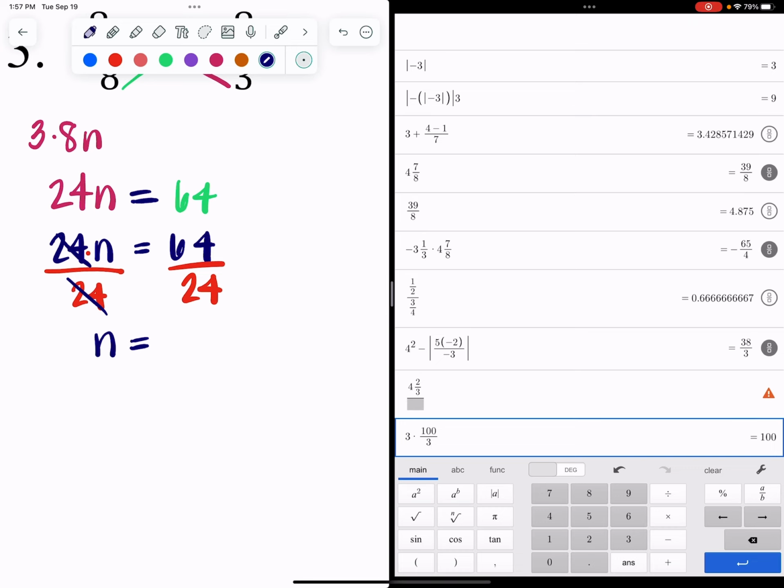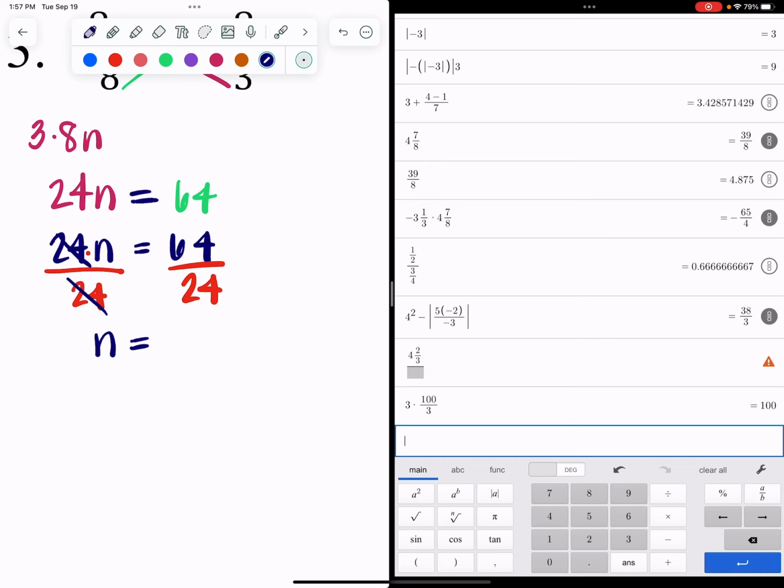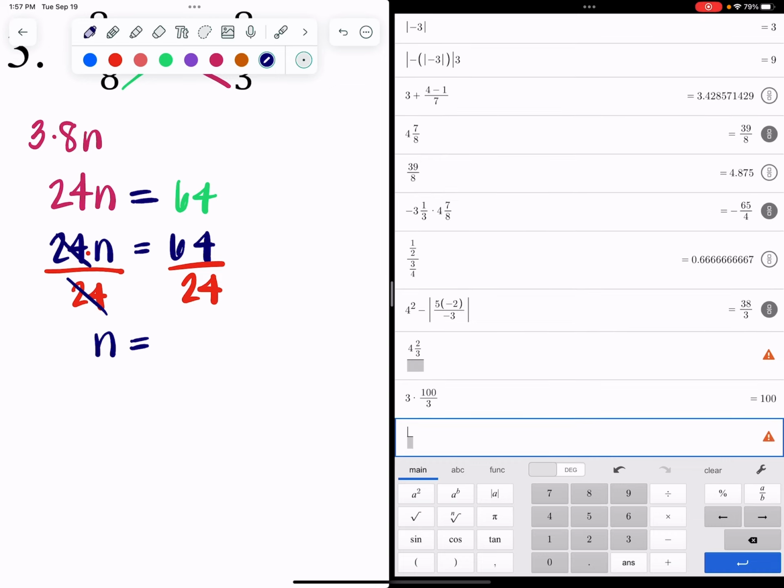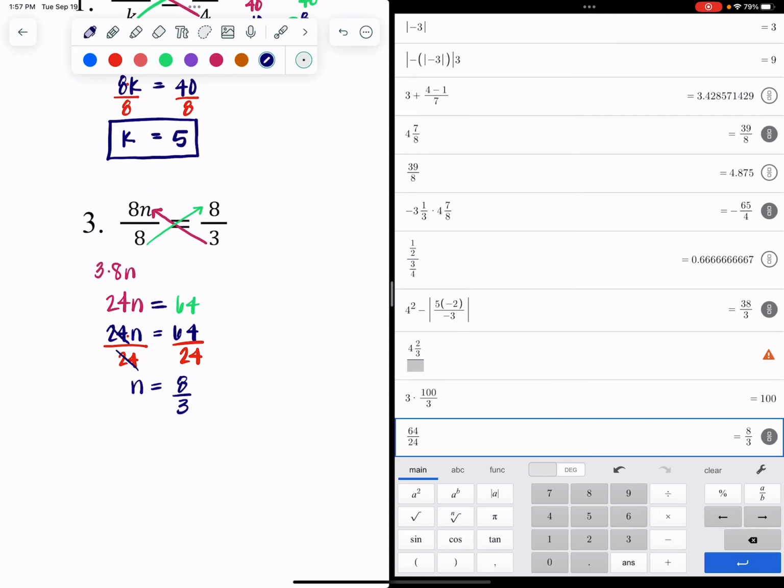And then I'm going to come over here to Desmos. And I am going to ask it to please simplify 64 over 24 for me. So I get 8 over 3.